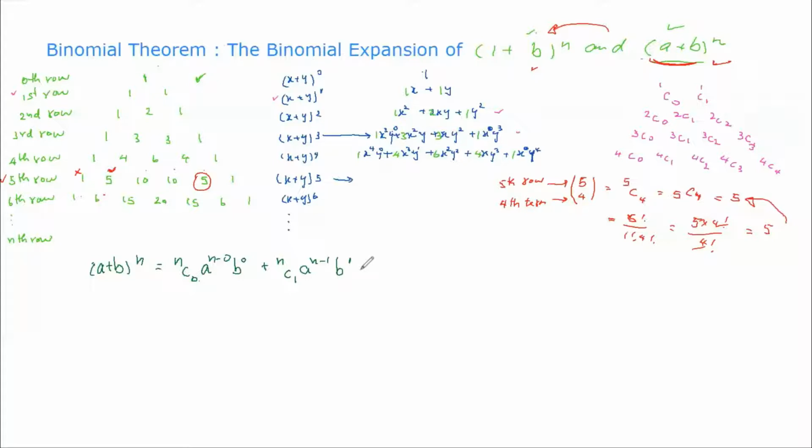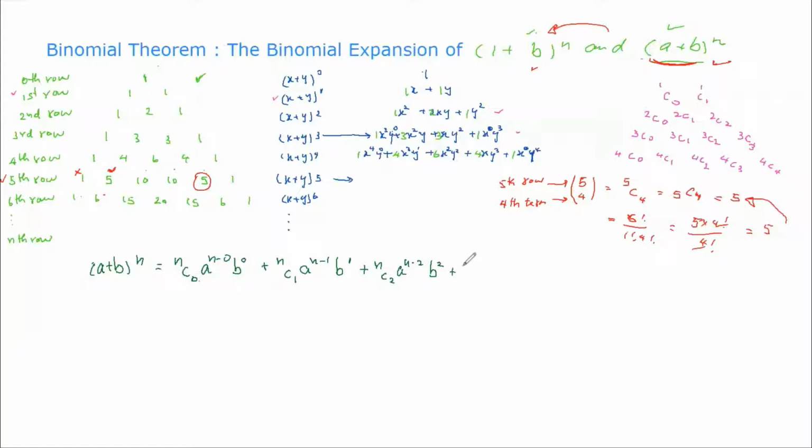Little by little, step by step with the order pattern, not hard. So this nC1, now next is going to be nC2. And then a uses the same thing, n minus 2, power the index, and then b power, get from here, 2.